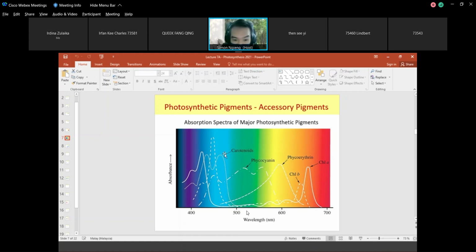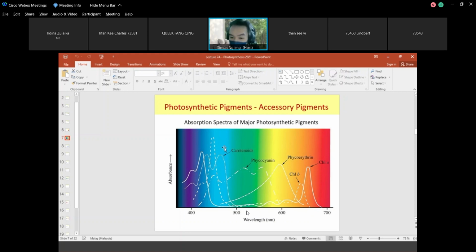Whereas your carotenoids are orange, yellowish in color. Because it reflects that yellow color, but the compound itself actually absorbs blue colored light.